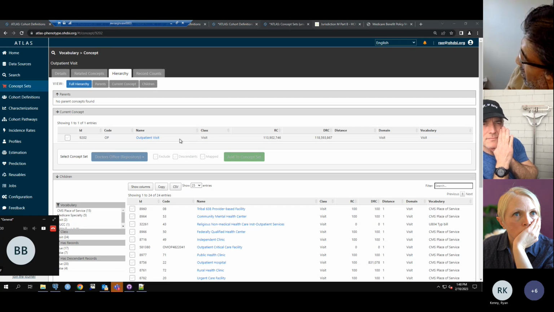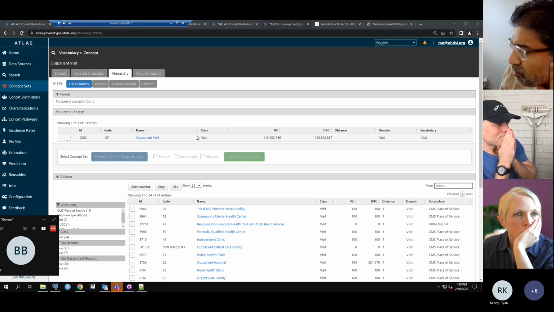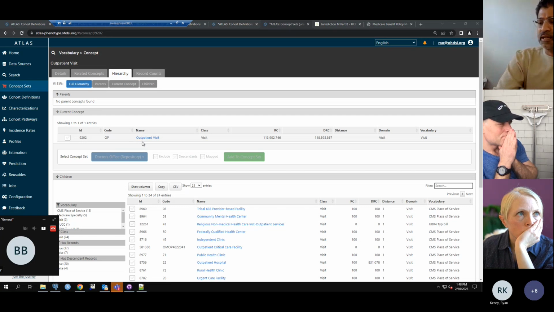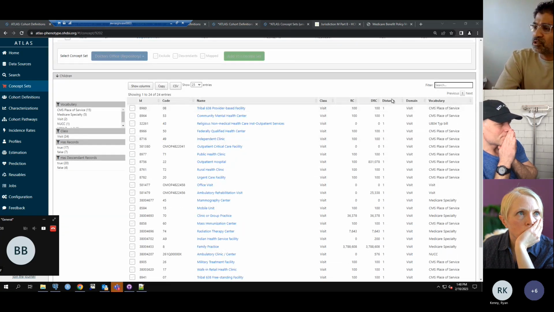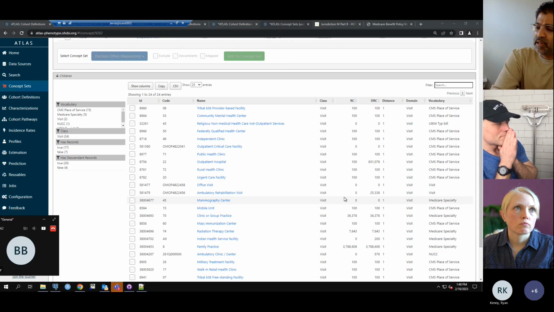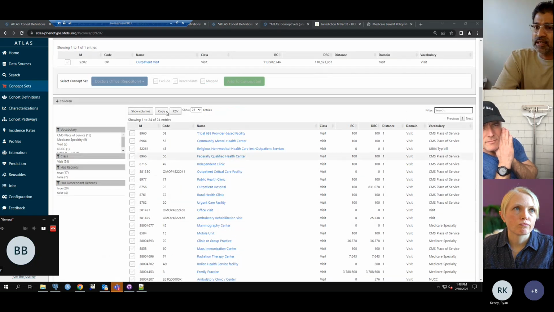called in the US, in the OMOP vocabulary hierarchy, there is outpatient visit. Under outpatient visit come all of these types. So we are going to make a decision of what is in and what is not in.